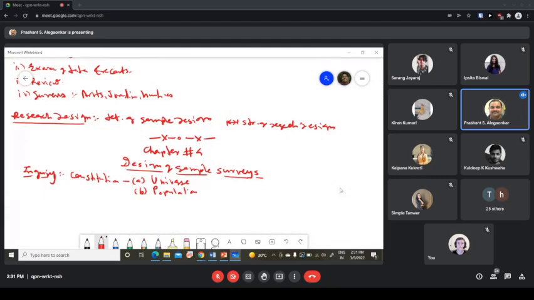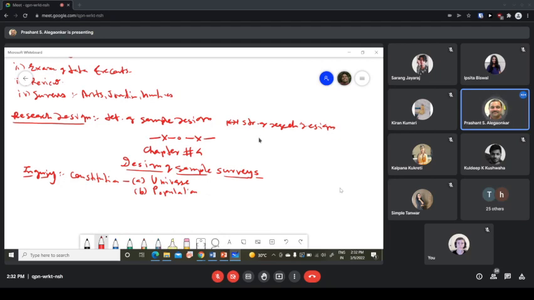Now we are going more towards the objective. A complete enumeration of all items in the population is known as a census inquiry or census survey. It is very obvious that for any study or investigation, a census survey is rather infeasible.